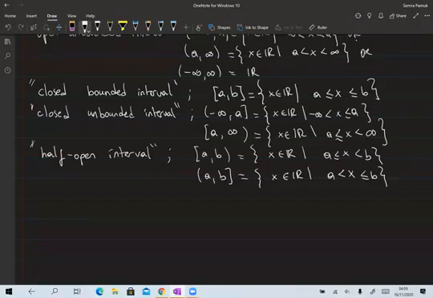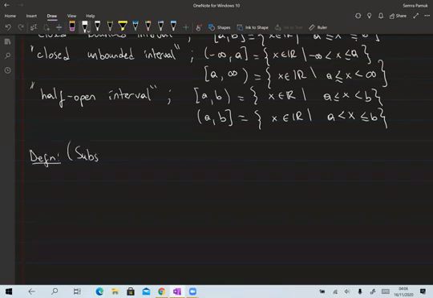Now, let us define some properties of sets, but for these properties we have to define what a subset is, and the union and other operations. So let us start with the subset.